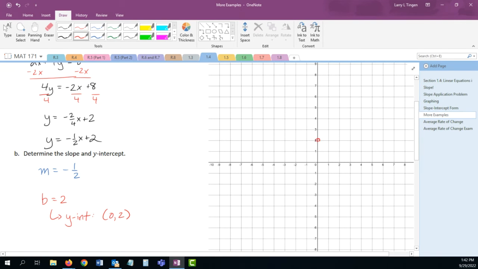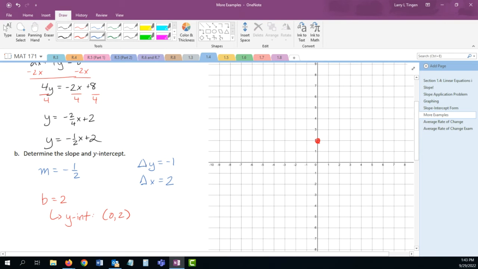All right, so it is a coincidence that (0, 2) seems to be popping up a lot for y-intercepts. And then to follow the slope, remember again, slope is change in y over change in x, so the change in y, let that be -1, the change in x is 2.